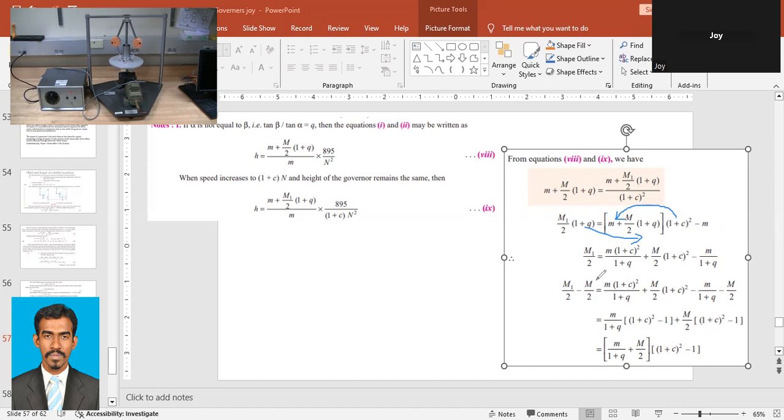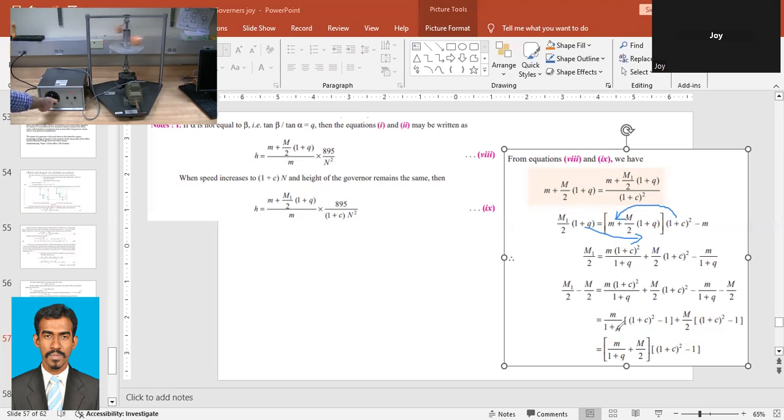Small m upon 1 plus q into 1 plus c squared, minus 1, this m plus 2 we have taken out.